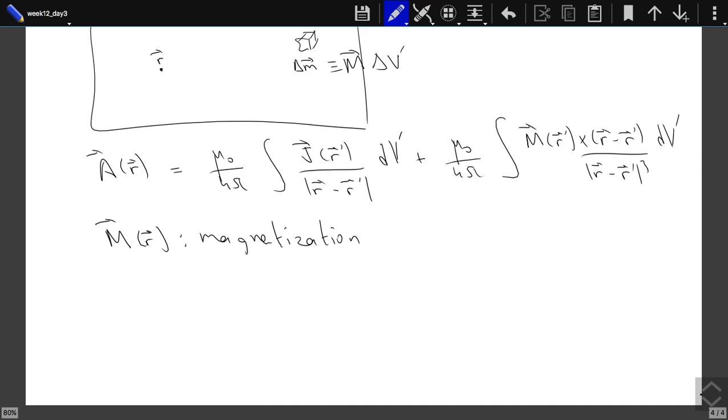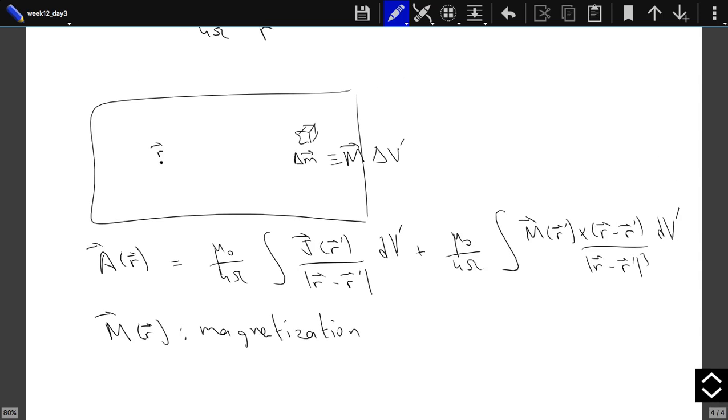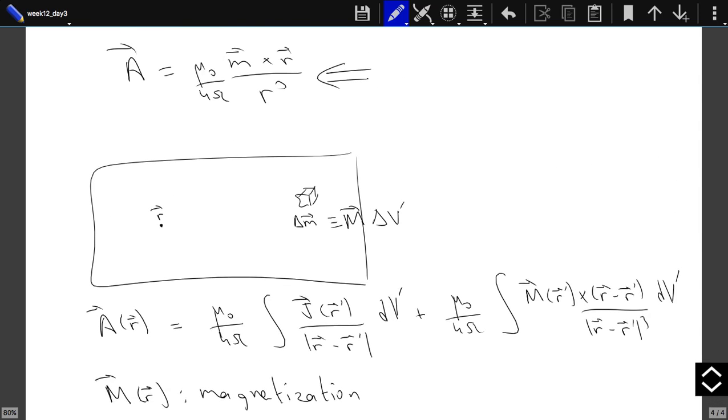Now let us try to simplify that last term. You see, what I will try to show is that, well, this is a term that we are familiar with. If there is a current divided by r minus r prime, integrate over the volume, gives you the contribution to the vector potential. I will try to write this term as something divided by r minus r prime. So that's something I can describe as kind of an effective current density.